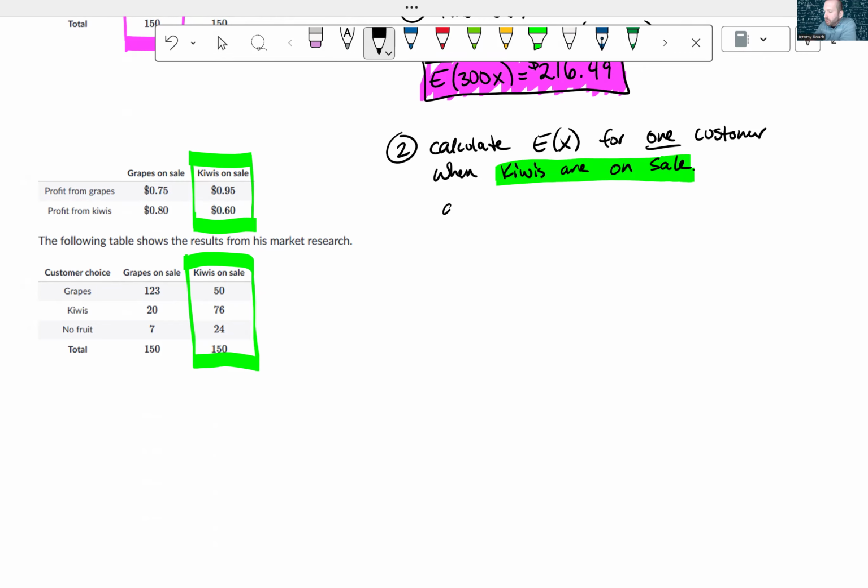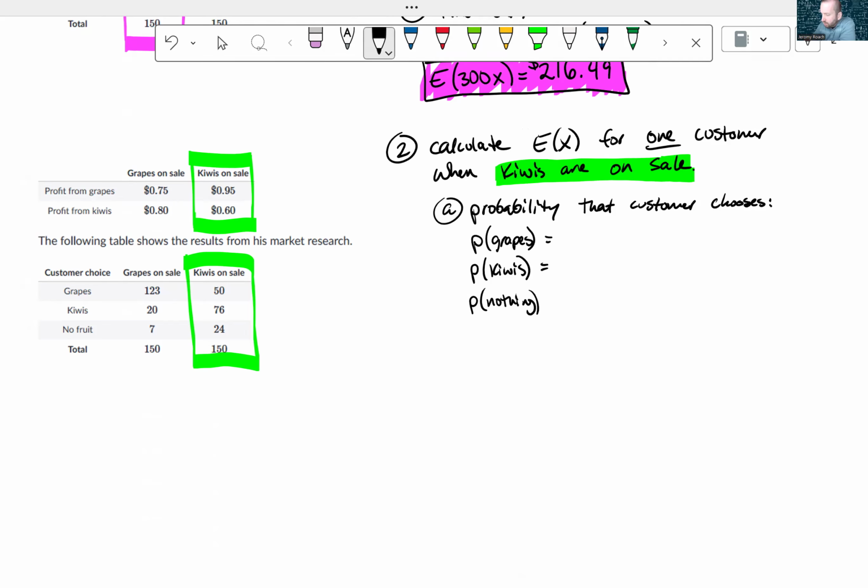Okay. So part A, we're going to find the probability that the customer chooses grapes, the probability that they choose kiwis, and the probability that they choose nothing.